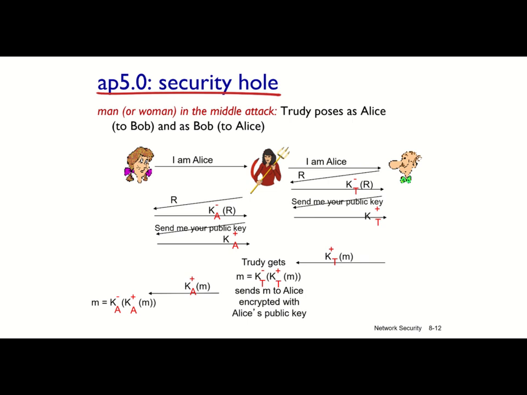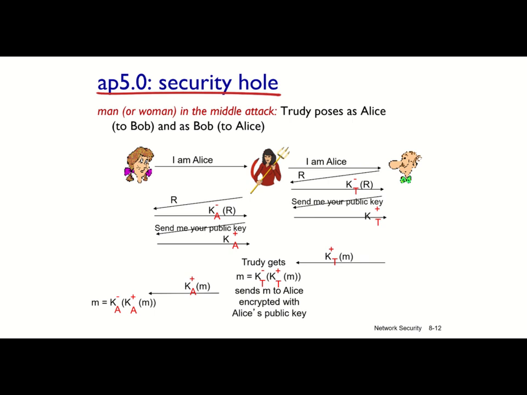Now at this point Bob thinks that the intruder is the person that is called Alice. So Bob starts sending the intruder messages that are encrypted with the intruder's public key, and obviously the intruder can decrypt those messages by applying her own private key.